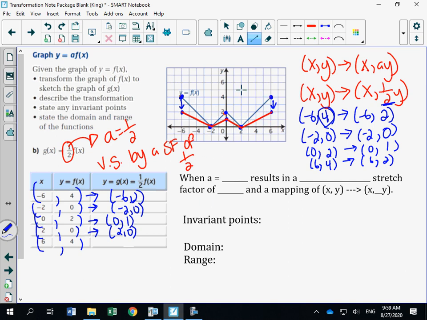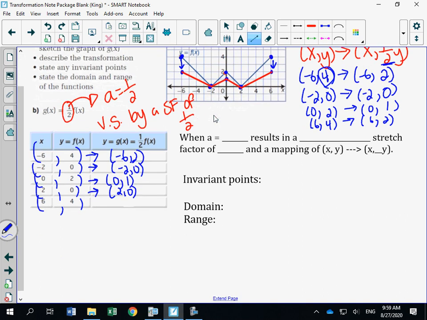Okay, so this would be our new graph. 6 comma 4 goes to 6 comma 2. Okay, so with an A value of 1/2, it still results in a vertical stretch, and the stretch factor of 1/2.